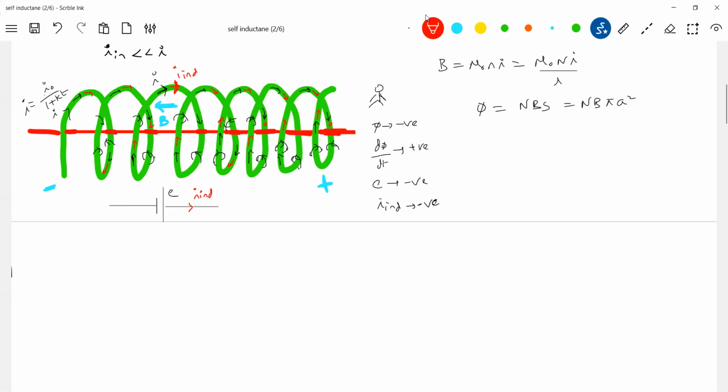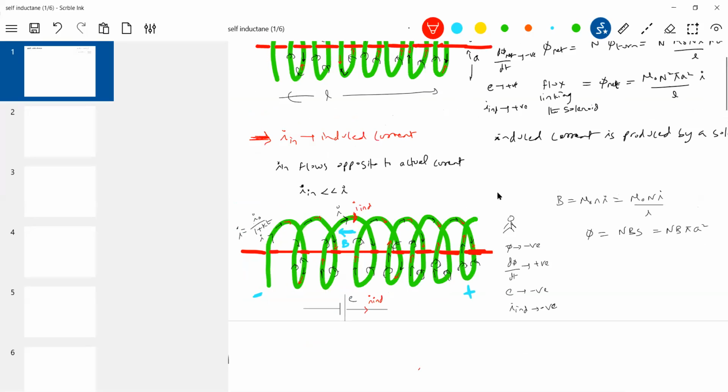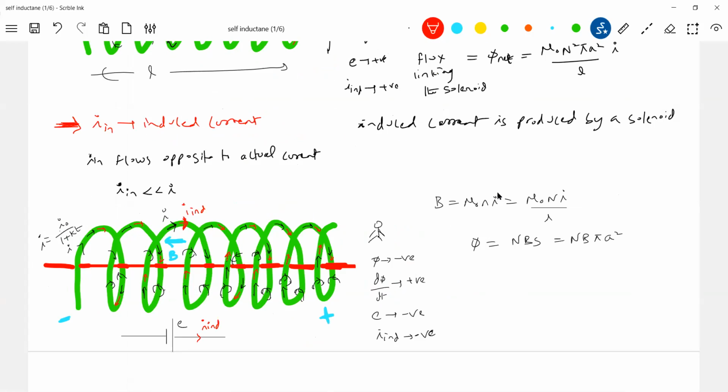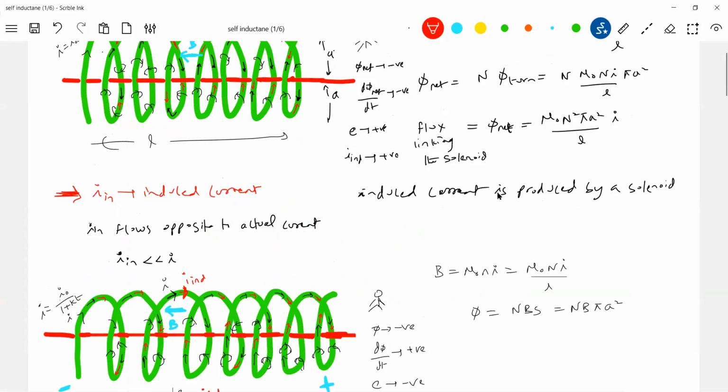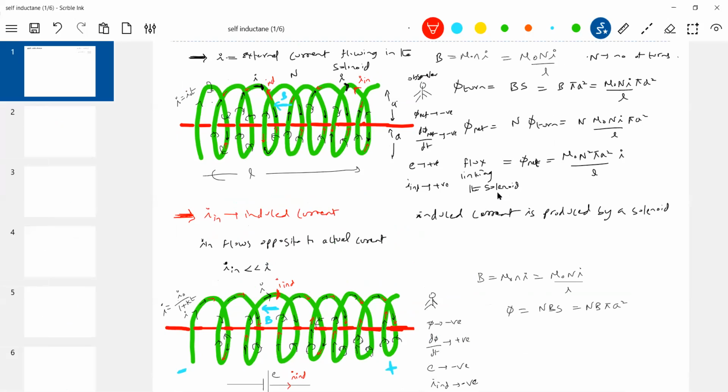Similarly, let me show both the things. Look at this one. Similarly here, how is the induced current flowing?